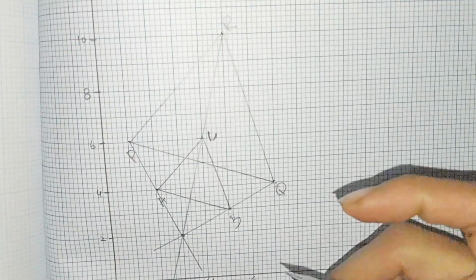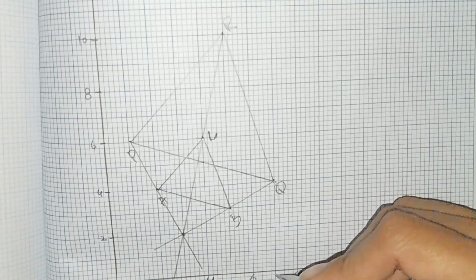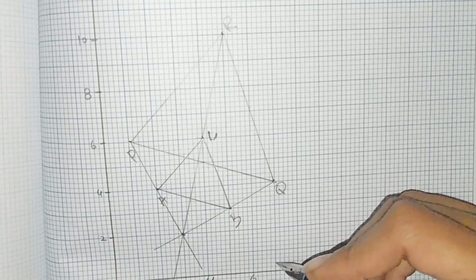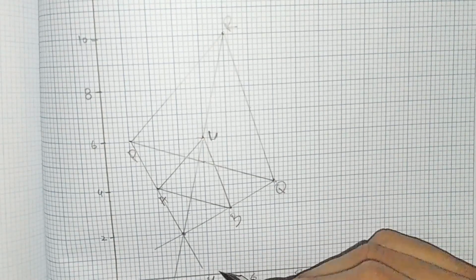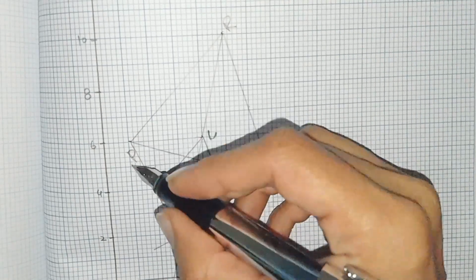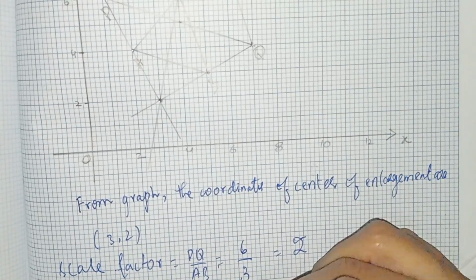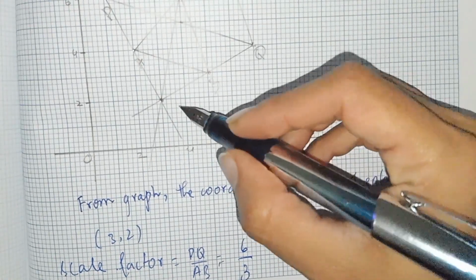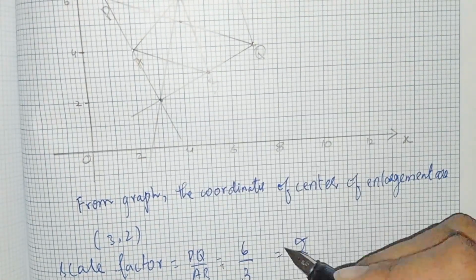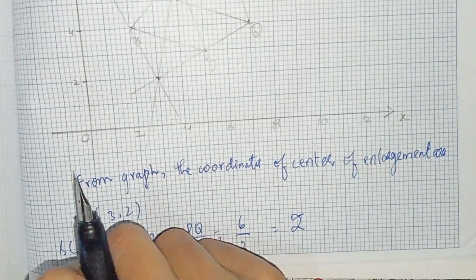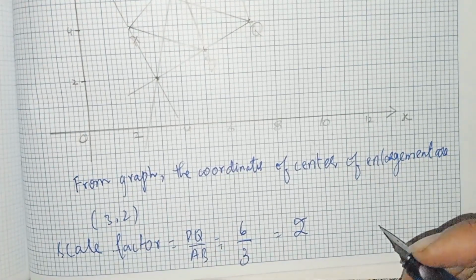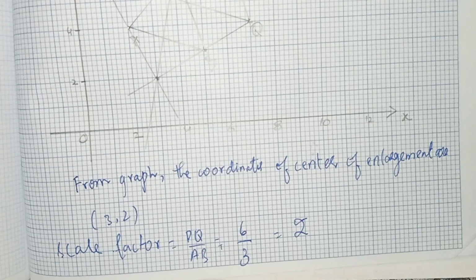You can observe it. Q is at point 7 on the graph, and when we move backward 1, 2, 3, 4, 5 and 6, B is there. That is our point 6 and AB is 3. 1, 2 and 3. And when we divide it, we get the scale factor 2. And now students, the E part is solved.